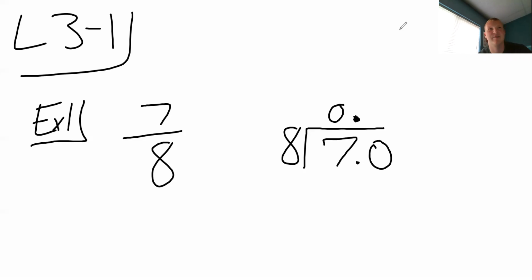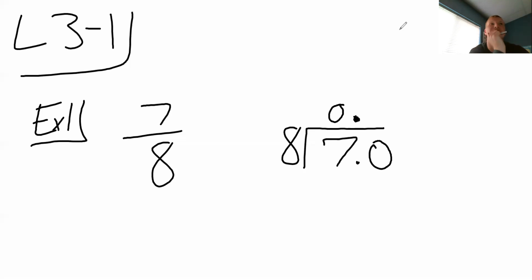So 8 times 6 is going to be 48. It's going to be bigger than that. Eight times 7 would be 56. What's 8 times 8? So 8 times 9 would be 72.